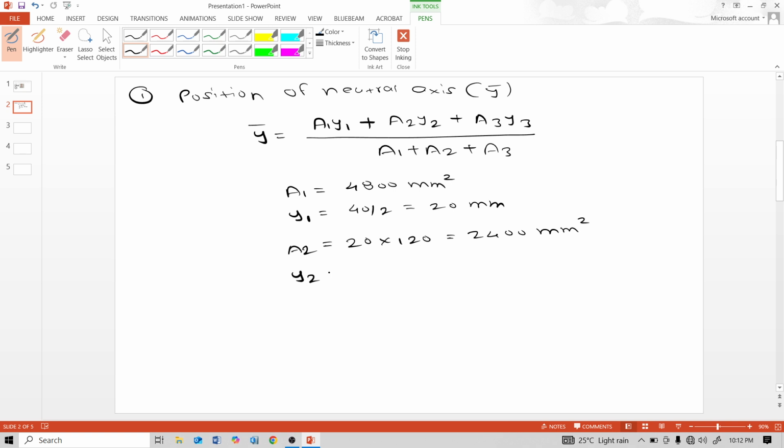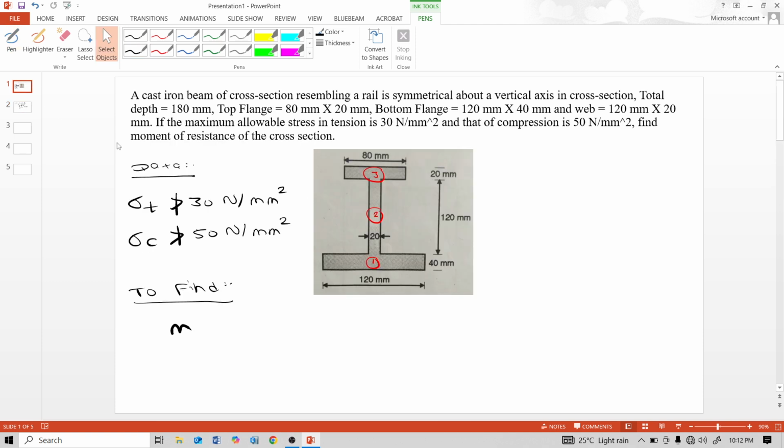Y2 is the position of the neutral axis for that web part from the extreme bottom fiber. So from this extreme bottom fiber to this web's neutral axis, the distance is the thickness of this flange, 40 mm, plus 120 divided by 2, which is 60 mm.